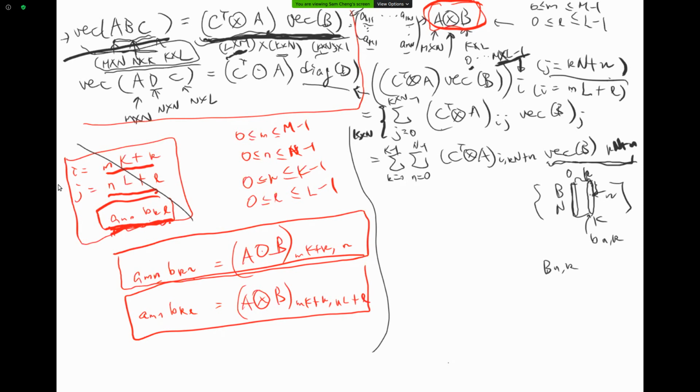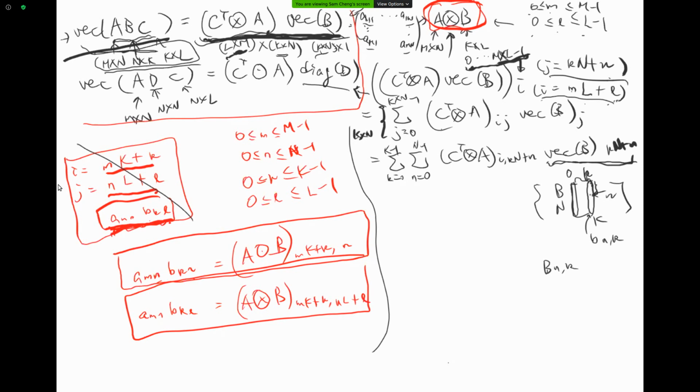I go a little bit indirect. I look at a small m from 0 to M minus 1 and small l from 0 to L minus 1, and I take I as m times big L plus small l, and if I do that, essentially I will cover the entire range 0 to M times big L minus 1.